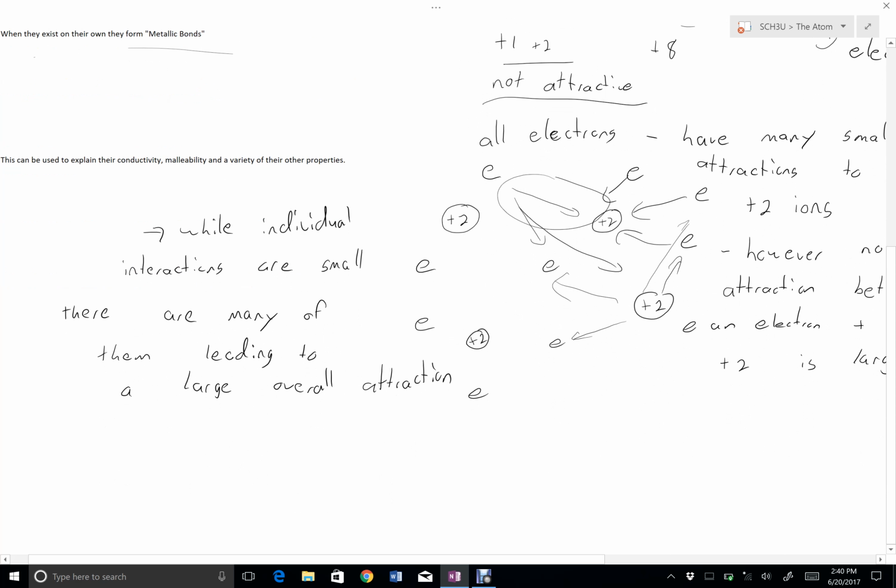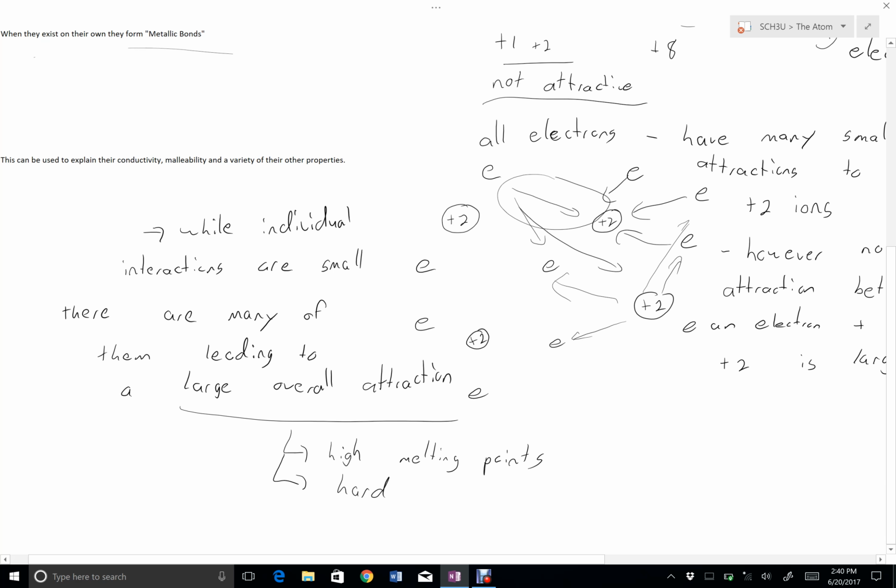This large overall attraction is why metals have high melting points and why they tend to be hard.